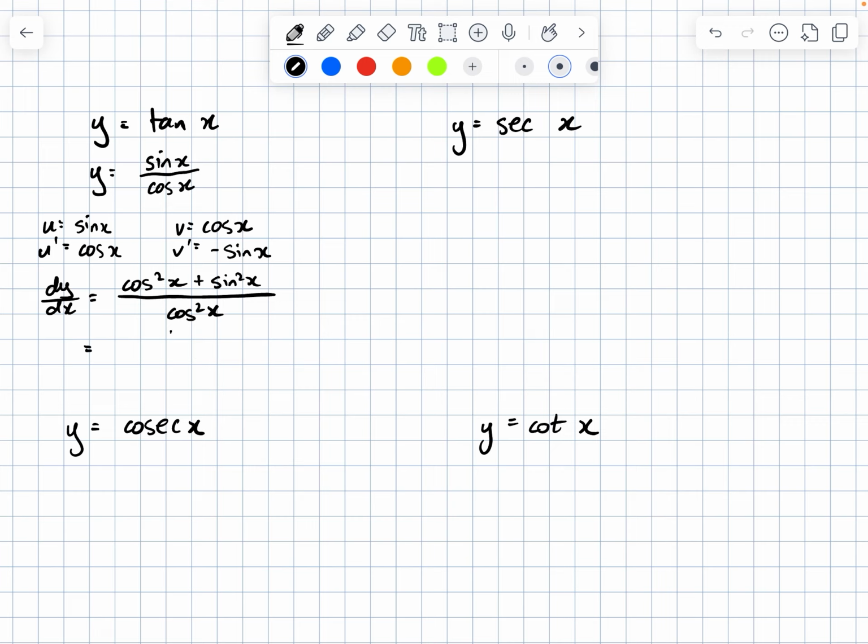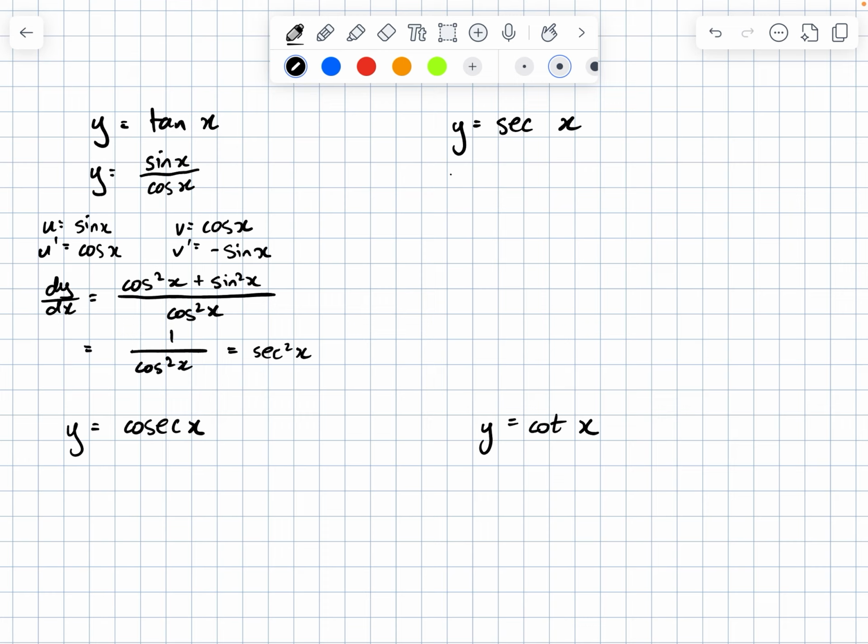Cos squared x plus sin squared x is a famous Pythagorean identity, which is equal to 1 all over cos squared x. And since 1 over cos x is equal to sec x, 1 over cos squared x is equal to sec squared x, which means that tan will differentiate to sec squared x.